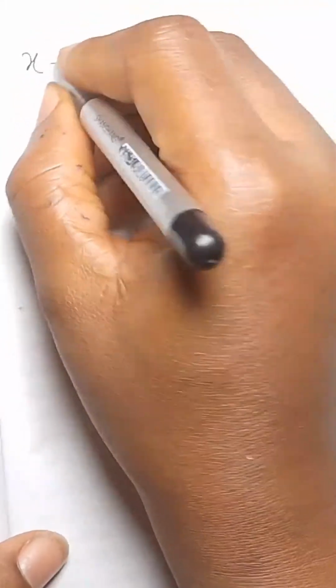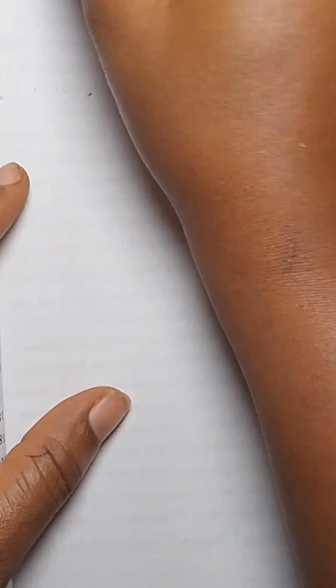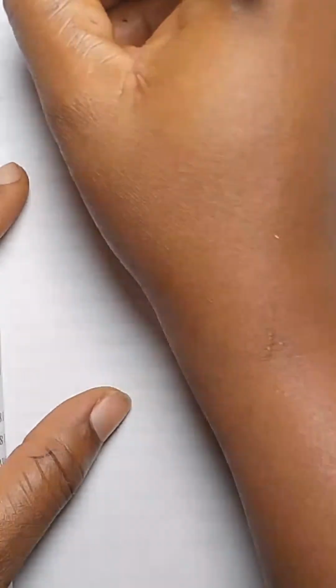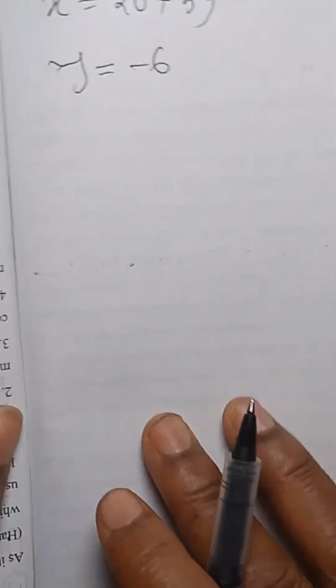So our x is equal to 20 plus 3y, and our y is equal to minus 6.